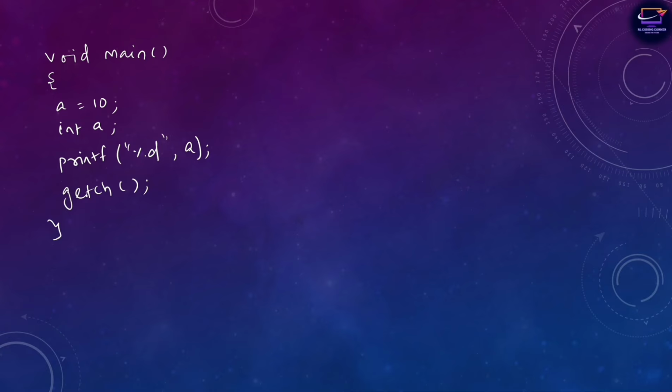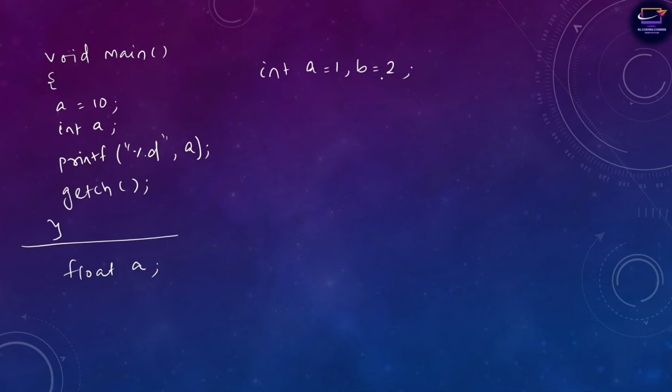So if I write here float a, it means the name of the variable is a and this is going to store a float value. Floating means the number has a decimal point, like 12.34 or 2.56. Such decimal values we store in the float data type.